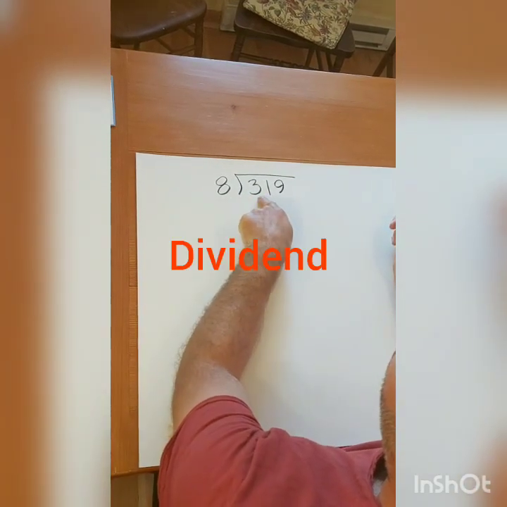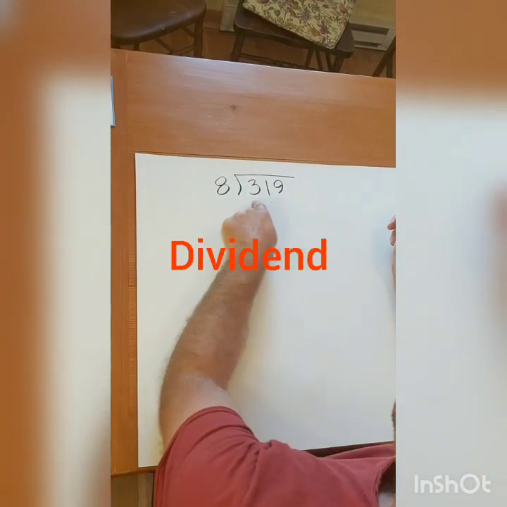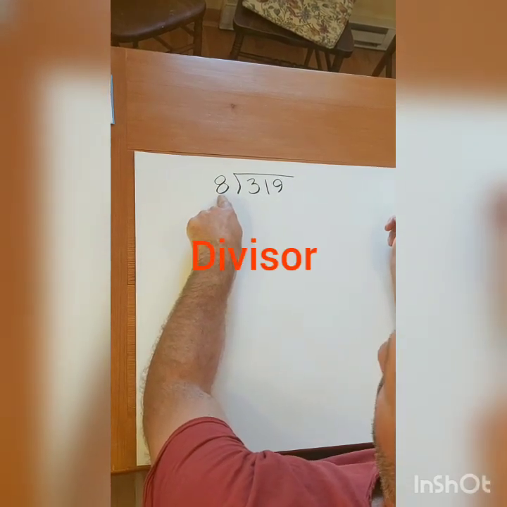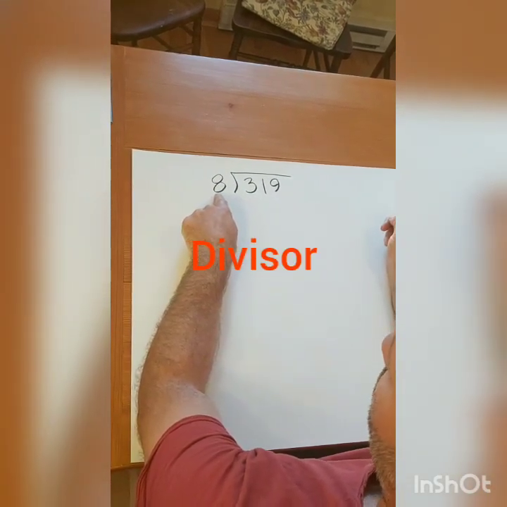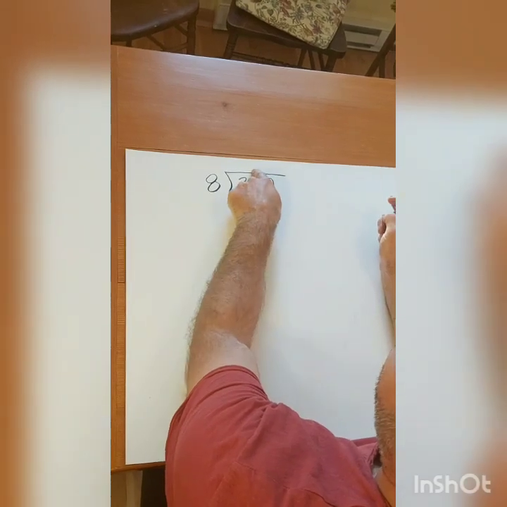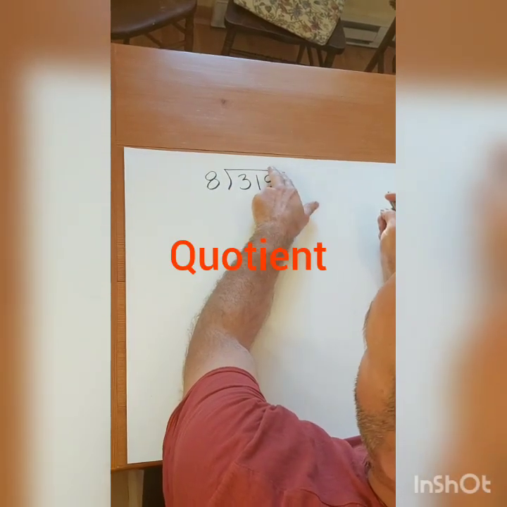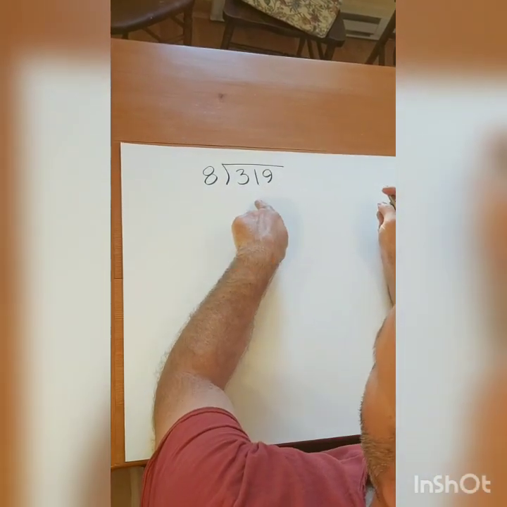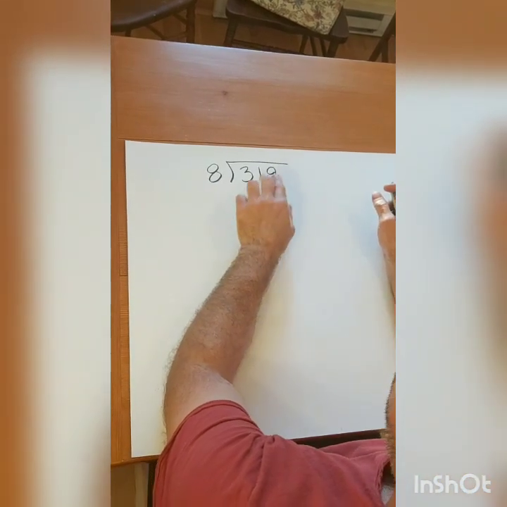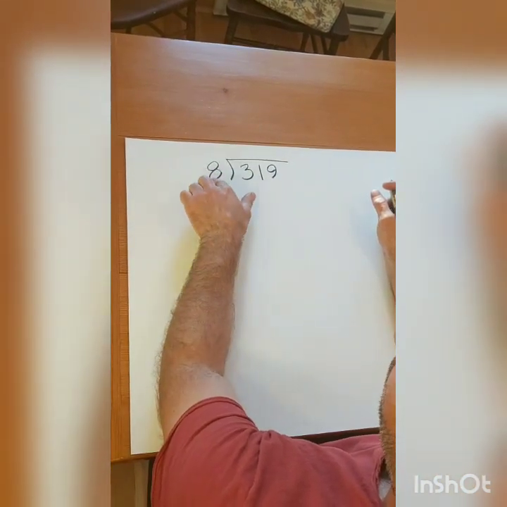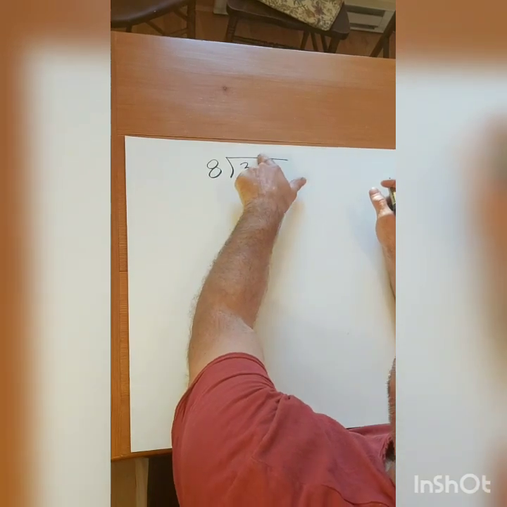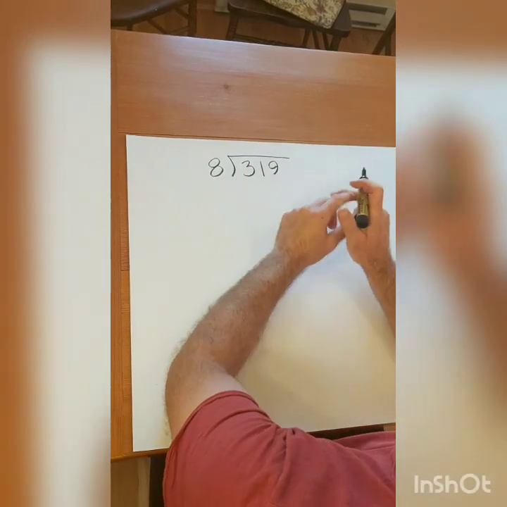This number is what we call the dividend. This number here on the outside is called the divisor, and the answer that we're going to get at the top is called our quotient. So those are important terms to know because I'll be referring to them in the future. Dividend, divisor, and this will be the quotient or the answer.